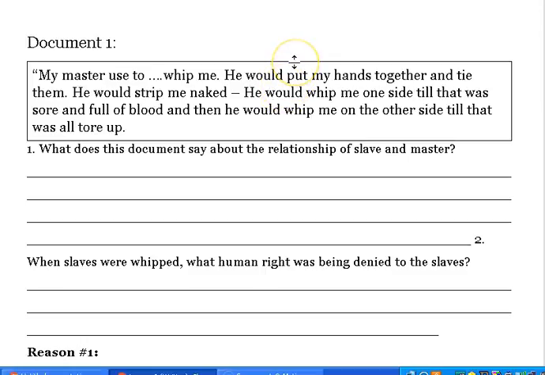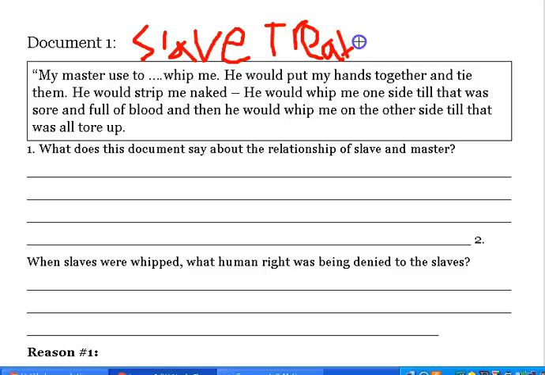So we can analyze this document and find out they talking about slave treatment. Slave treatment. Alrighty. That's that.